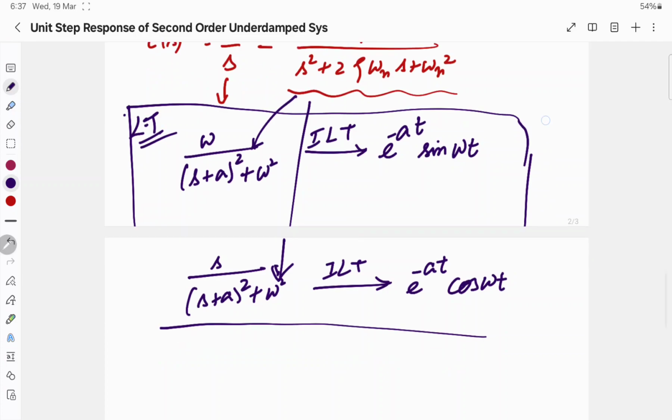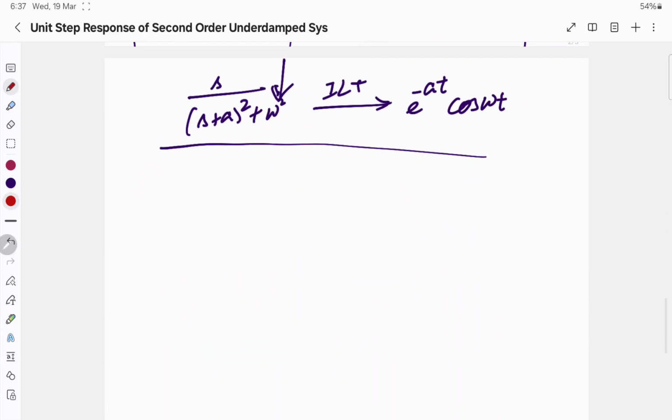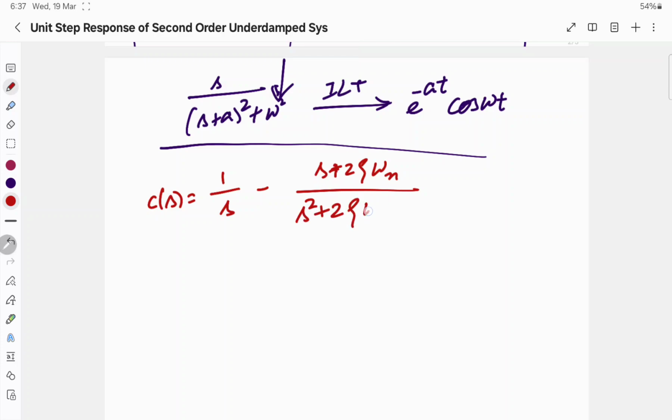So further what we are going to do is we write it again, c of s equal to 1 by s minus s plus 2 zeta omega n divided by s square plus 2 zeta omega n s plus omega n square.